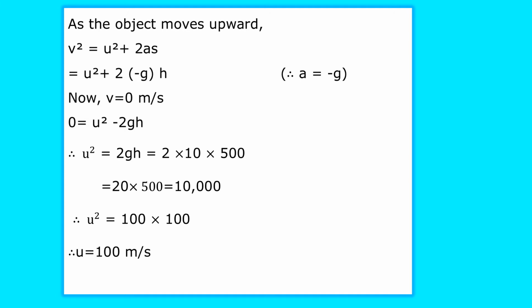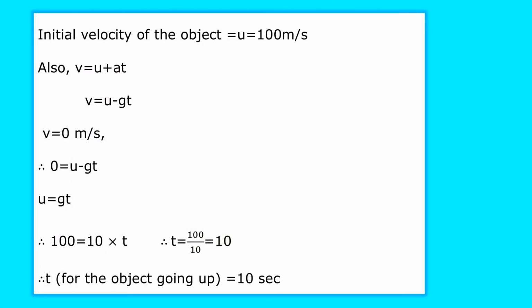Why? Because it will be very easy to find the square root. So therefore u is equal to 100 meter per second, means the initial velocity of the object will be 100 meter per second.